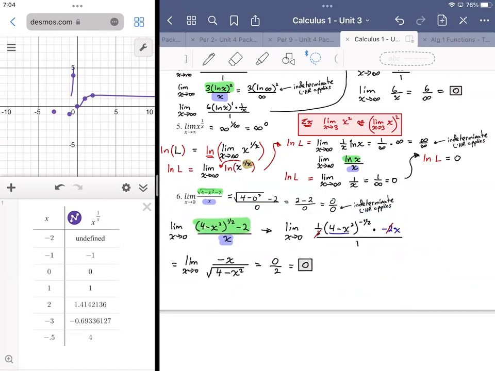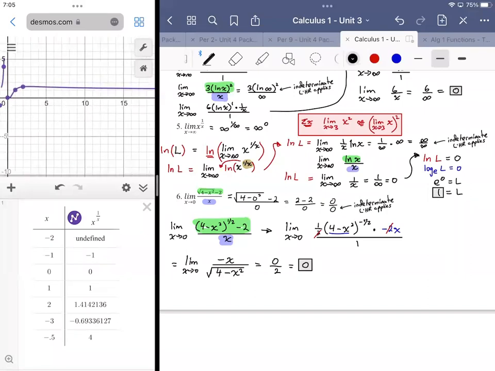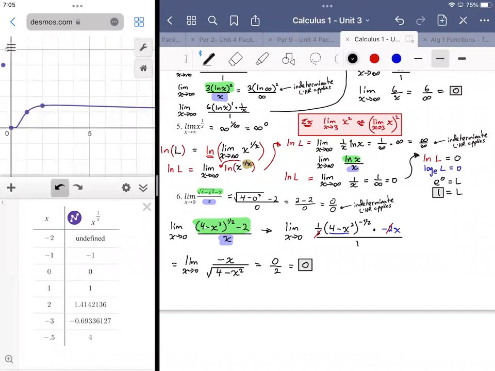So there's one little bit of a transition left over. ln of L is really the same as the log base e of L. If I convert into exponential form, it would be e to the 0th is equal to L, which gives us a result of 1. So my limit is going to be equal to 1, which is what this graph was trending towards if you scrolled from left to right.